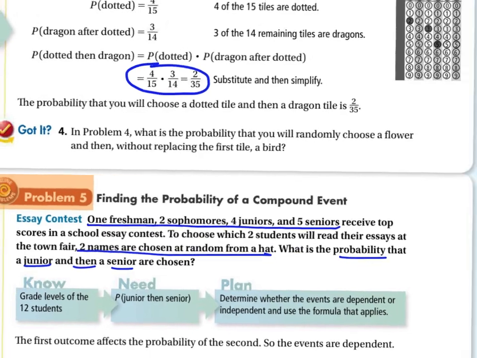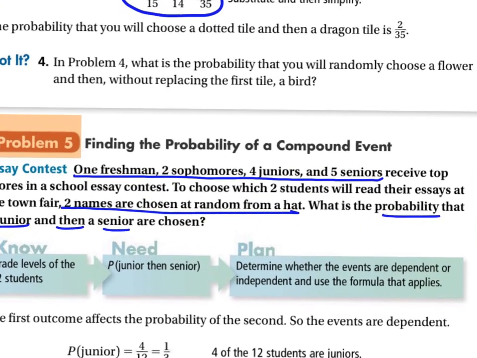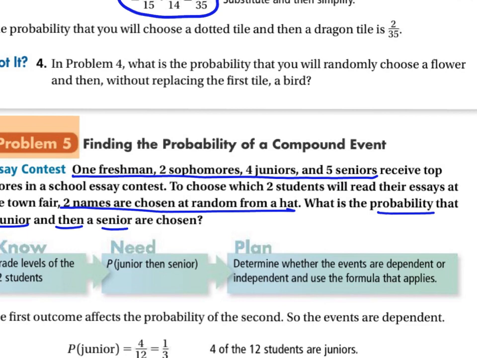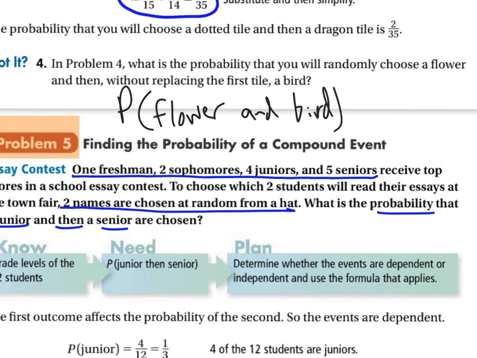So if we look at the got it 4, what's the probability you'll randomly choose a flower and then without replacing the first tile, a bird? So we want the probability of a flower and a bird. Okay, and again, this is without replacing the tile. So looking back on the previous page, there's 1 flower out of 15.